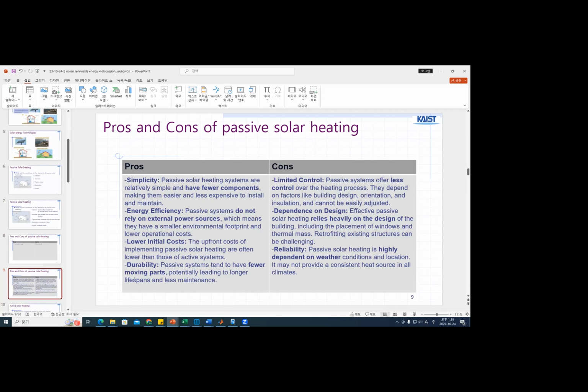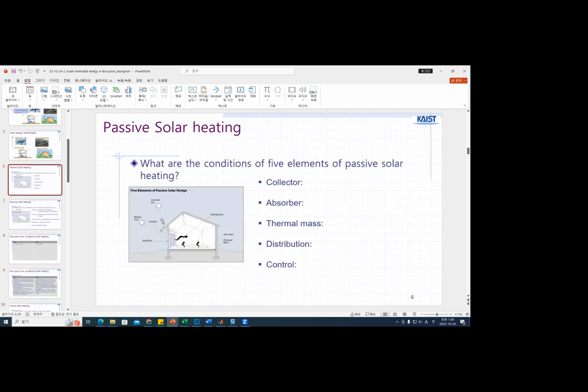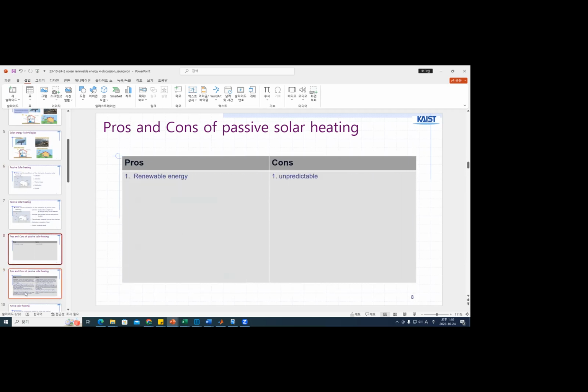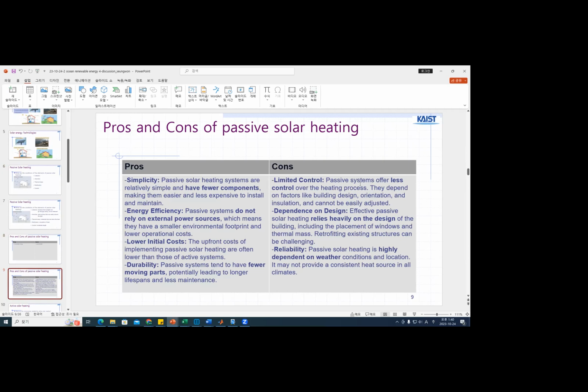And lastly, the durability is very high compared to the active system, because there are fewer moving parts. Maybe the control part will be the moving part in this case. But there are cons too. As you say, it can be very unpredictable, because we couldn't control the passive system by ourselves easily.